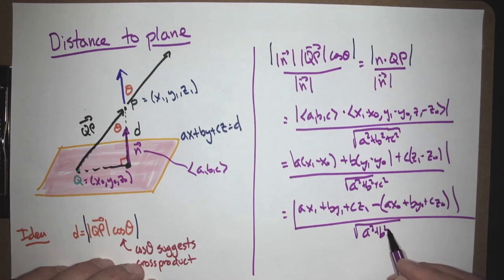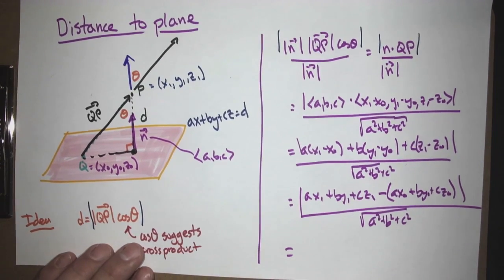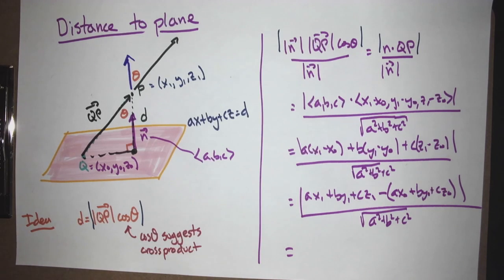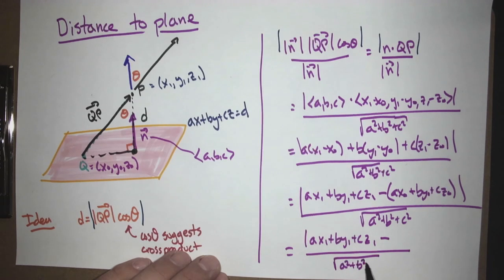And the punchline is almost here because I'm running out of space, so it has to come in the next line. I claim that something nice happens. You have ax1 plus by1 plus cz1 minus something over the square root of a squared plus b squared plus c squared.